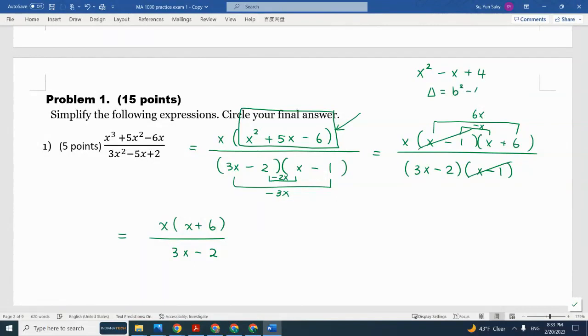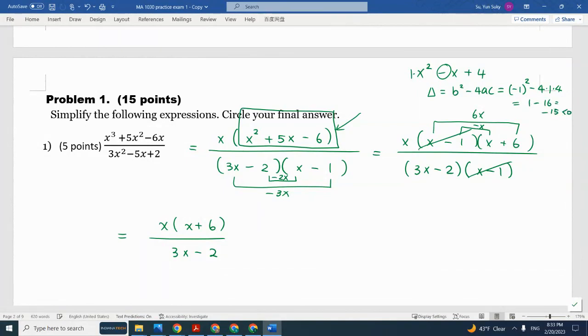Discriminant is b squared minus 4ac. B here, b is like the coefficient of x, which is minus 1. So minus 1 squared minus 4a. A is the coefficient of x squared, which is 1. And c is the constant term, which is 4. You see this is 1 minus 16, which is negative 15.